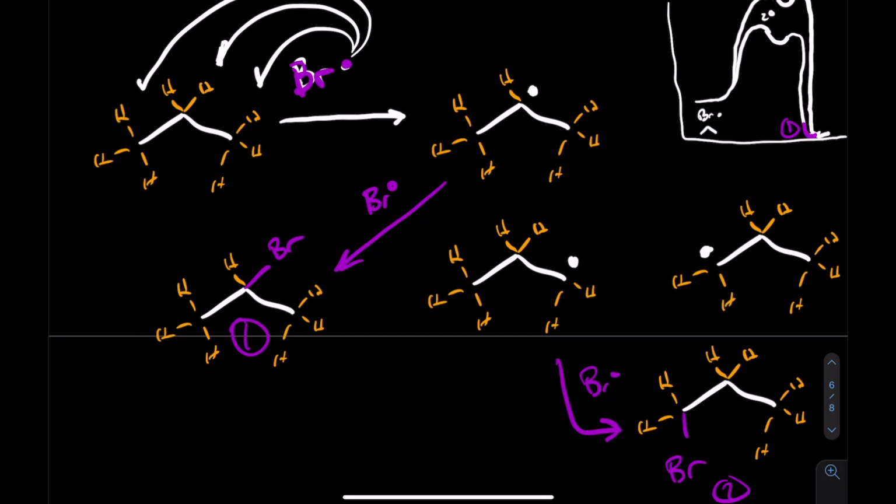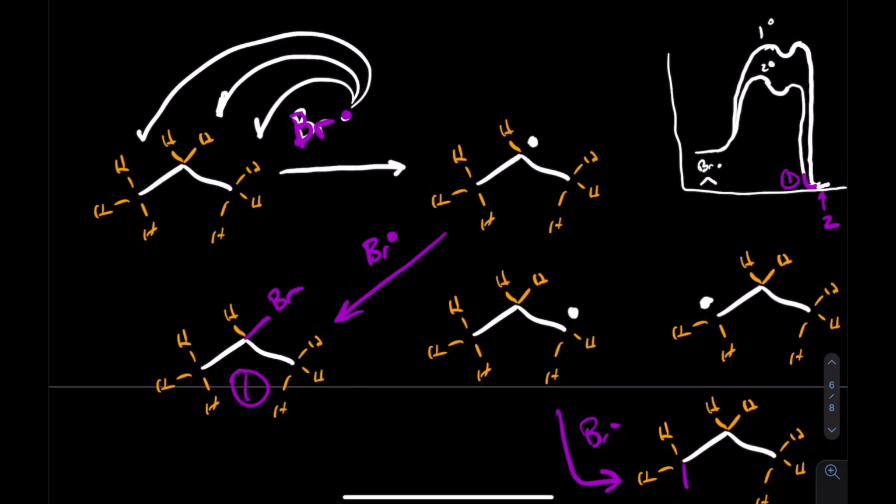And then if you go through your primary intermediate down here, it's going to be compound 2. Now, you see the biggest difference in this whole process is actually not your product. The energy difference between these two, you can barely even see. There's a huge energy difference between these two, though. And so the selection process of which one it's going to go through is at the radical, because this is a reversible process.